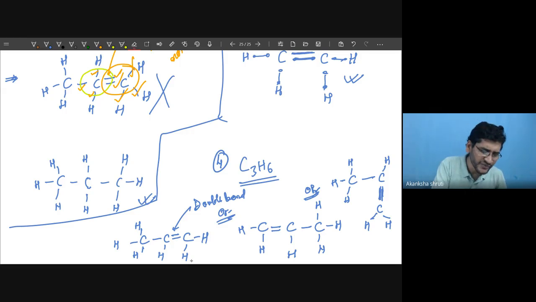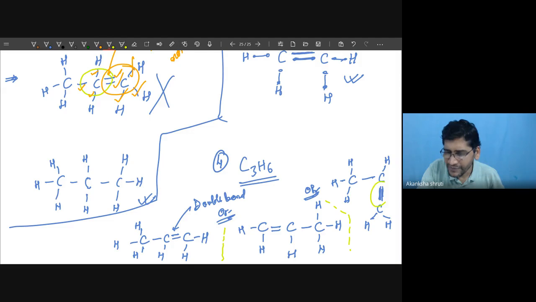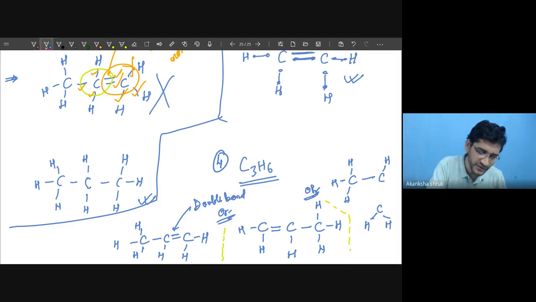Whether you draw it straight, with the double bond at any position, or in a turn or zigzag, again the double bond can be between these two carbon, it can be here also. Let me draw that structure also. So student, these four structures are not different.